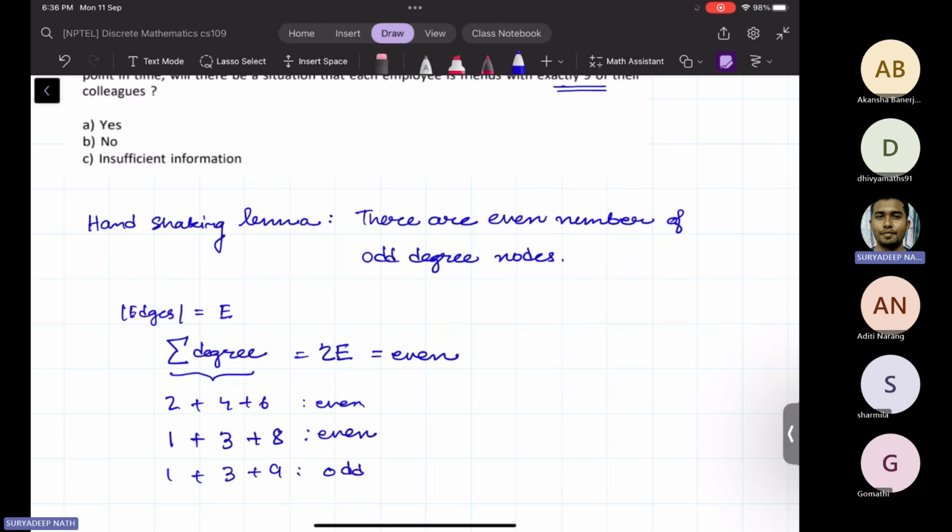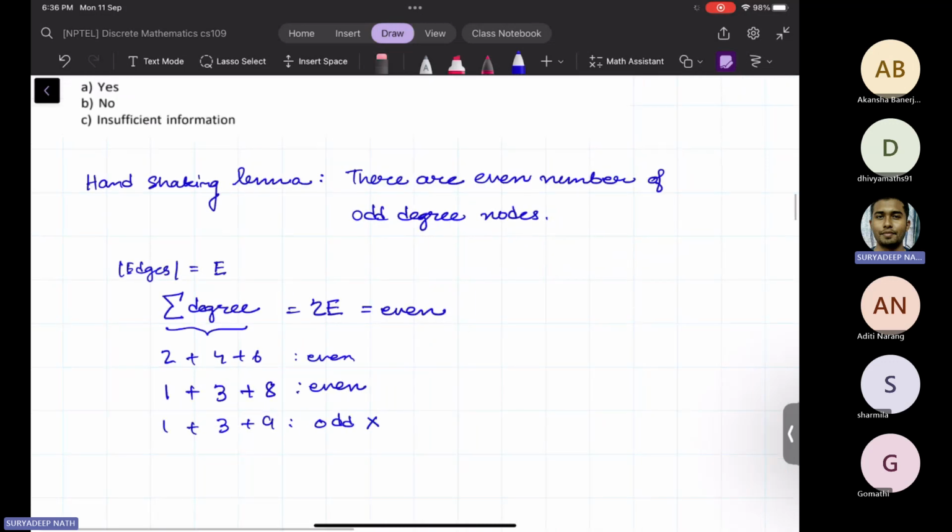But the sum of degrees must always be even, because it's twice the number of edges, so it's always an even number, so it cannot be odd. So either there are no nodes with odd degree, or there are nodes with odd degree but there are an even number of odd degree nodes. So here there are two odd degree nodes, such that the sum of degrees will always be even. So this is the handshaking lemma.